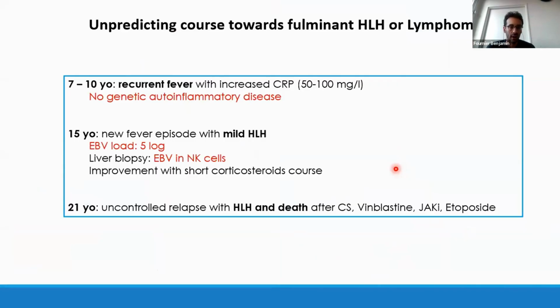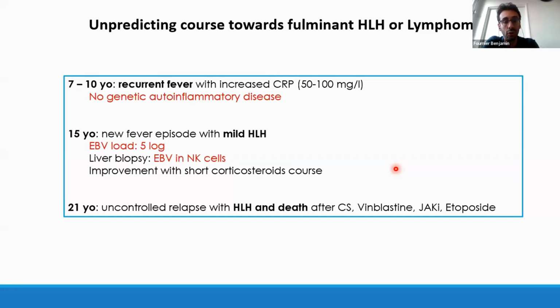Here you have a patient with recurrent fever since he was 7 and 10 years old. He was thought to have autoinflammatory disease, but nothing was found on the genetic tests. At 15 years old, because of mild HLH, EBV was tested, and in fact, it was very elevated in the blood. In the liver biopsy, it was shown that it was in NK cells.